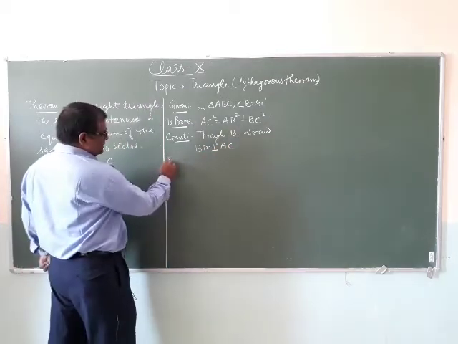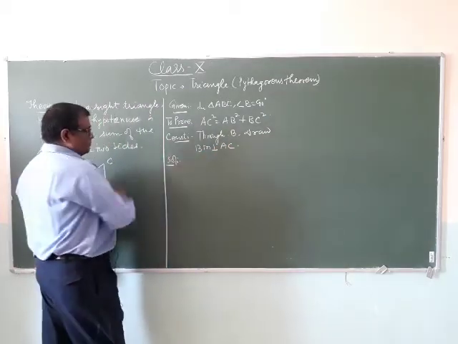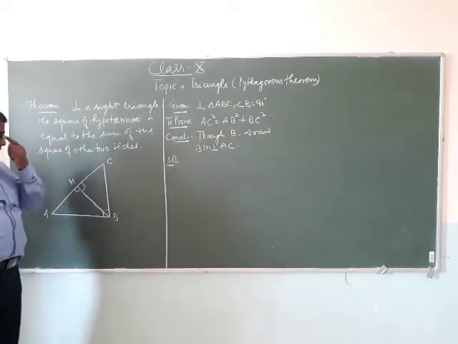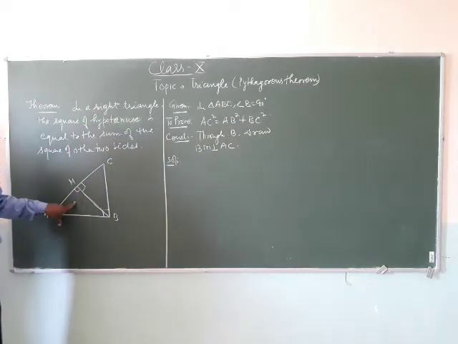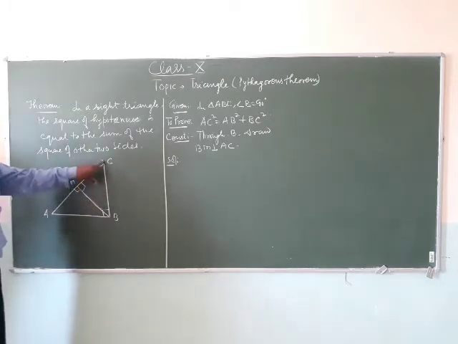Now the solution is: first of all, we take two triangles, the smaller triangle AMB and the other, ABC.